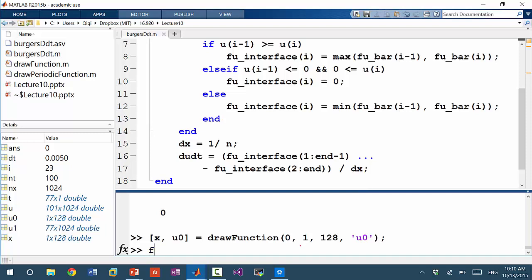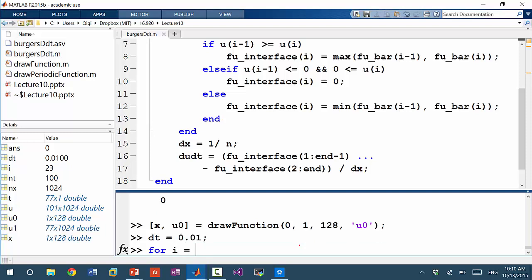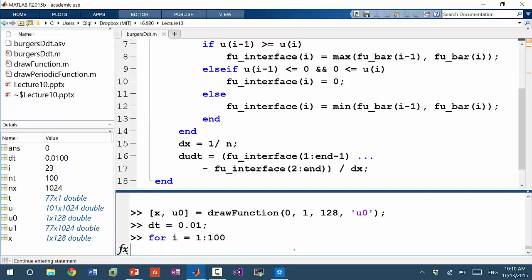So I'm going to say dt is equal to 0.01. I'm going to, for i goes from 1 to, let's just do 100 steps, say t and u is equal to ode45 Burgers dudt.